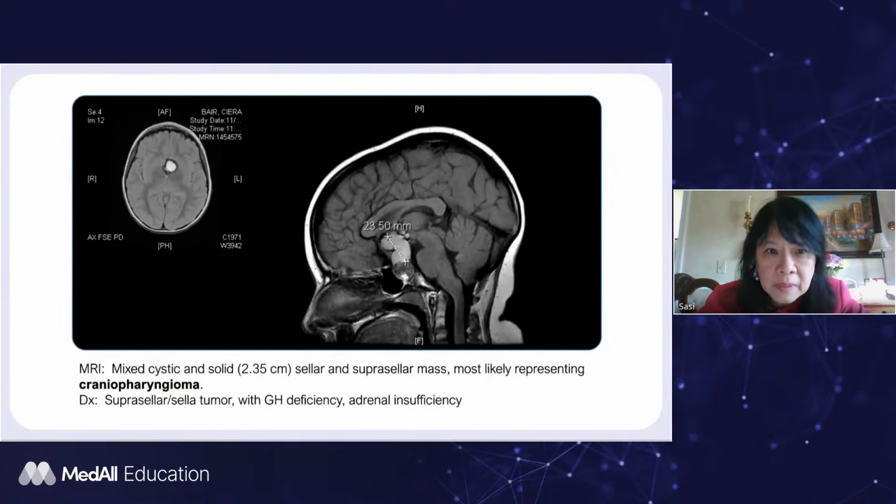And here's her brain MRI scan results. It showed a mixed cystic and solid sellar and suprasellar mass, most likely craniopharyngioma. So we quickly consulted neurosurgery, and she had cranial surgery to remove the tumor, and the pathology result confirmed craniopharyngioma.